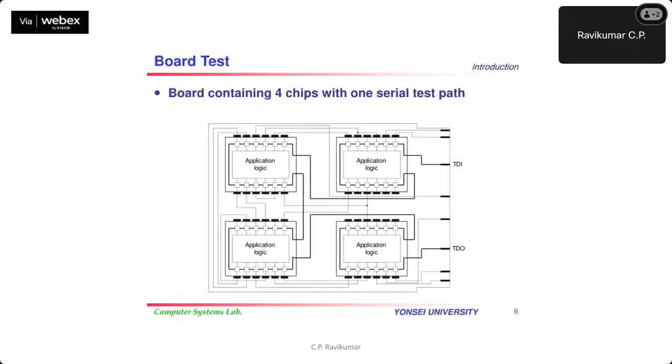So if this is your PCB, let us say with 4 chips, then what you could do is you could take the TDI and go through all these guys, right? And the TDO of this you can go and use it to. So this is known as the daisy chain architecture, right?